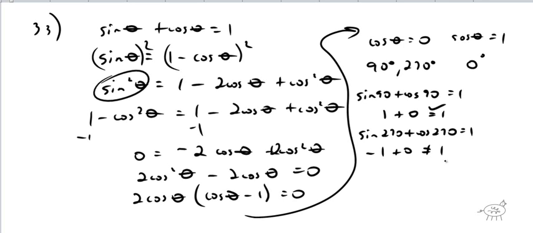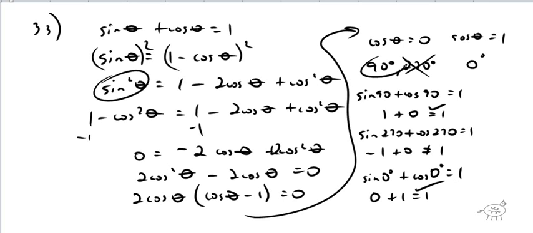Well, that doesn't equal 1. Negative 1 does not equal 1. So 270 is gone. And then let's put a 0 in there. Sine of 0 degrees plus cosine of 0 degrees, does that equal 1? Sine of 0 is 0. Cosine of 0 is 1. Yeah, so that one works. So my two answers are 90 and 0 degrees, and not 270.